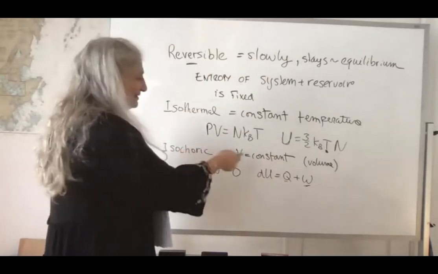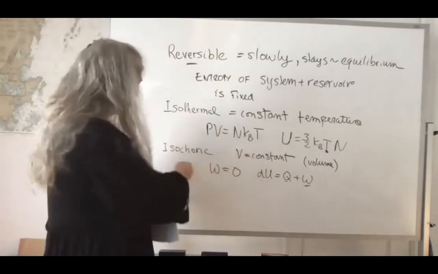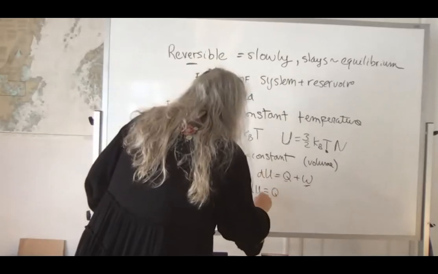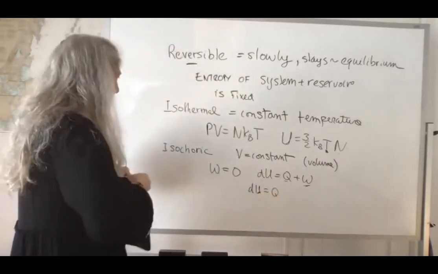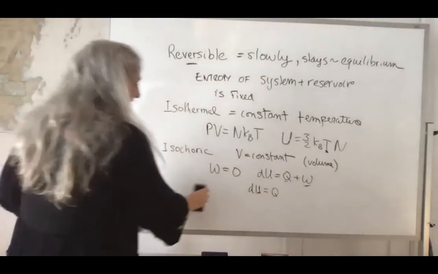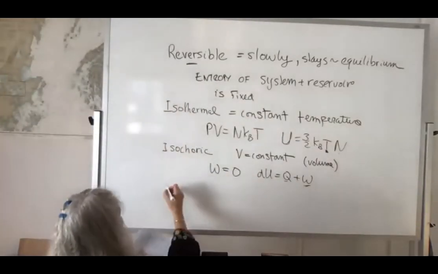If I have a trajectory on a plot that keeps constant volume, then dU is equal to Q for that operation.